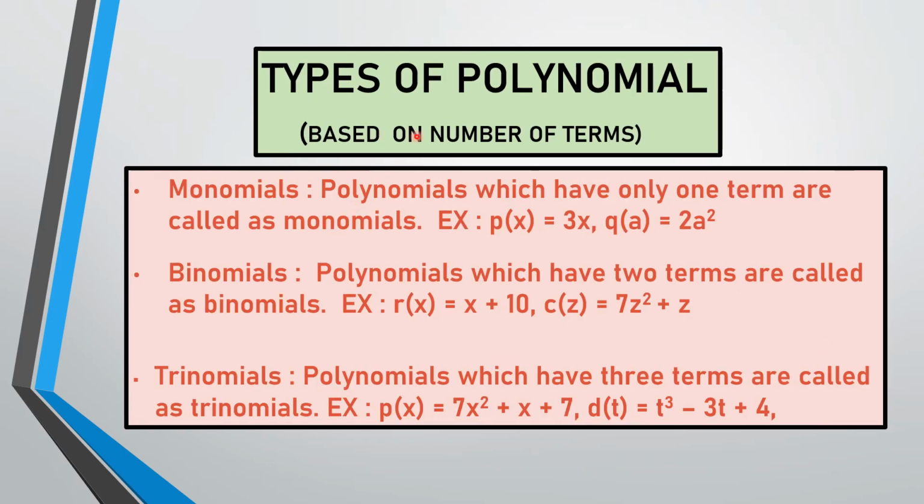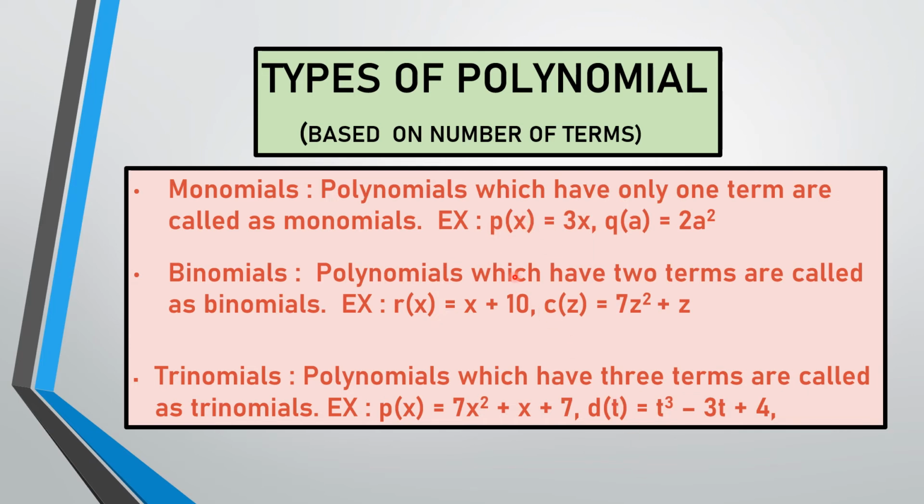Let us see, based on the number of terms, how many types of polynomials there are. Monomial. Monomial means there is only one term in the polynomial. Usually we denote the polynomial as p of x, q of x, r of x, d of t, something like that.